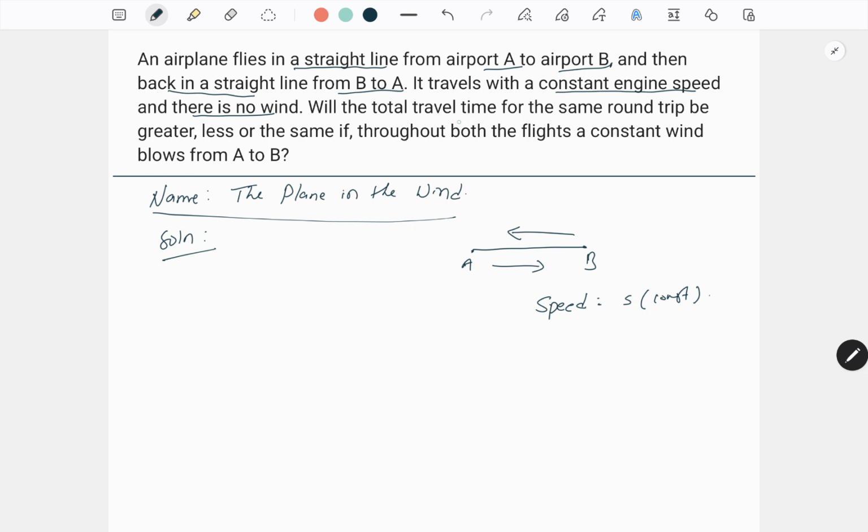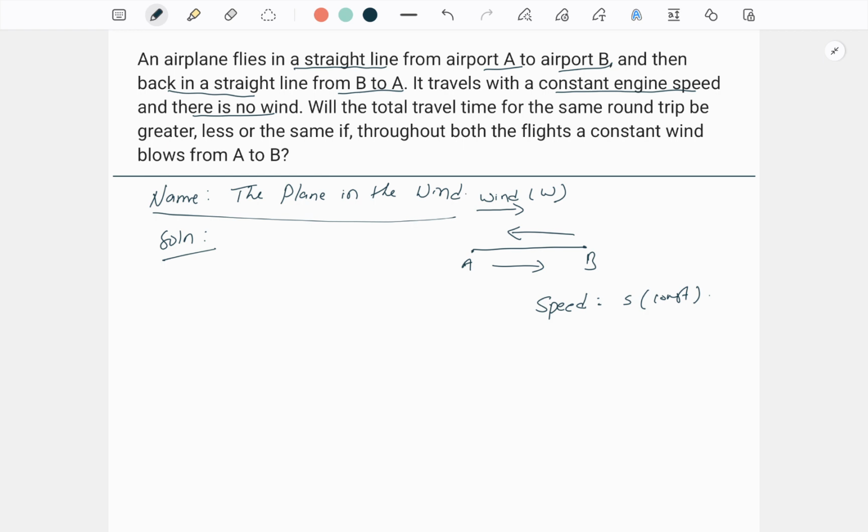Now, will the total travel time for the same round trip be greater, less, or the same if throughout both the flights a constant wind blows from A to B? So if we have a wind blowing from A to B, let's say the speed of wind is W, then will there be changes in the travel time?